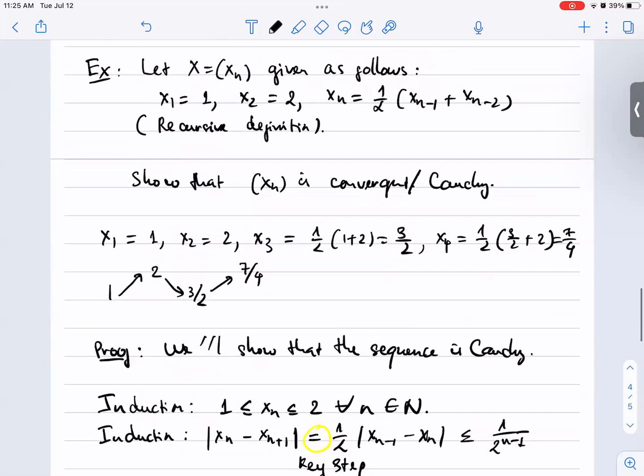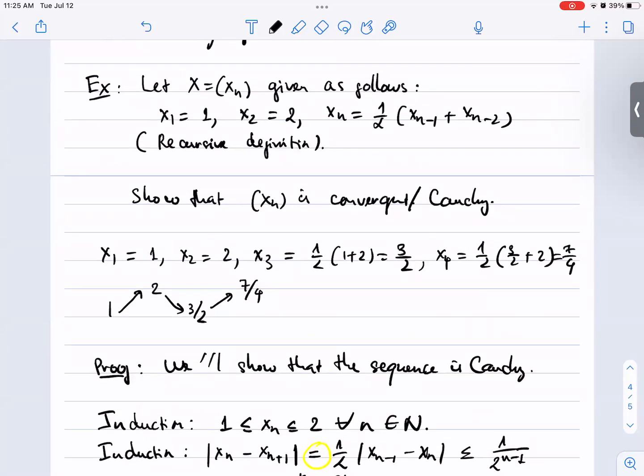So this is a sequence given by a recursive definition. By your previous experience, you would expect that we proceed by induction and hope that this sequence is monotone, and then we can use the monotone convergence theorem to conclude that the sequence is convergent.